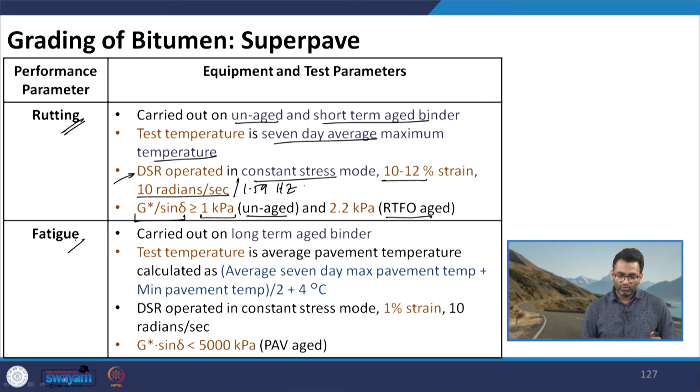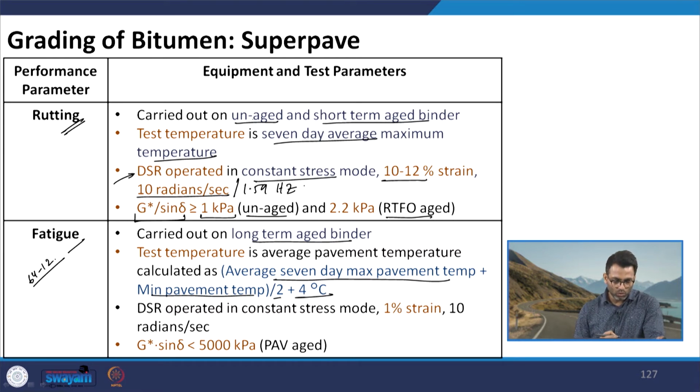Now, talking about the fatigue characteristics, this is carried out on long term aged binder, which means PAV aged samples. What is the test temperature? This is the average pavement temperature, which is calculated as the average of the 7-day maximum pavement temperature plus the minimum pavement temperature, divided by 2, plus 4 degrees Celsius. All right. For example, in the previous slide it was 64 minus 12.